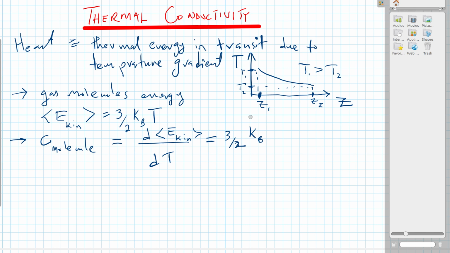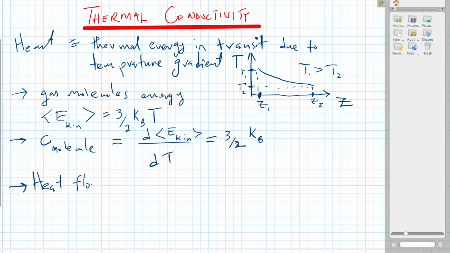So with this, one can think of heat flow as some sort of flux, right? So let's say heat flowing from point Z1 to point Z2 is some sort of heat flux.